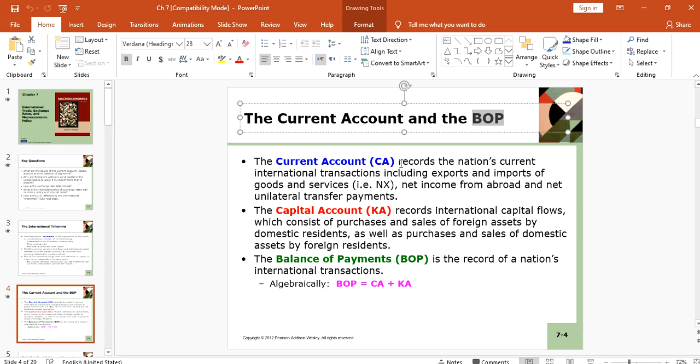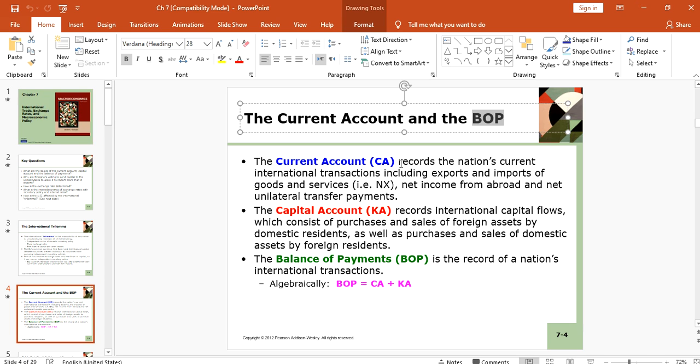Whatever they earn here, their net income will go back to the United States, their base. That's net income from abroad. Or for example, Komar University has a US instructor, a professor. The net income will go back to this professor in the United States, and that's the net income from abroad.